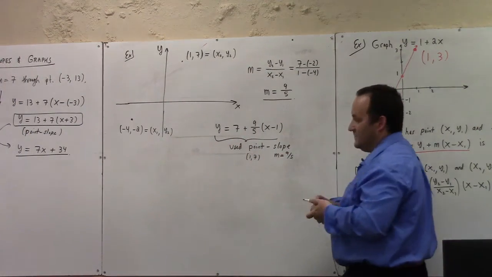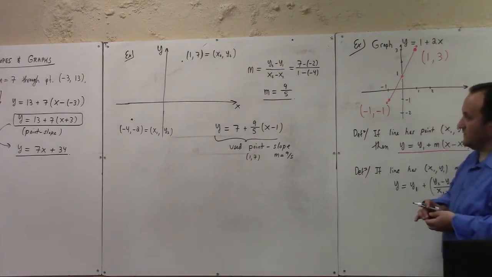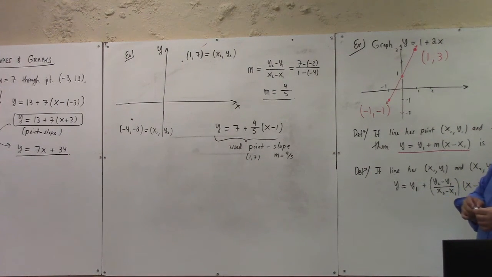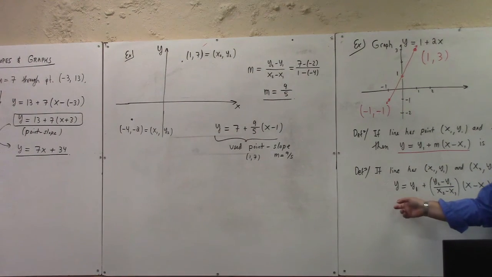And so there you go. That's the equation of the line that has those 2 points. And it's actually the same thing you would get if you just plugged the points into this formula down here. You get exactly the same expression that I just wrote there.